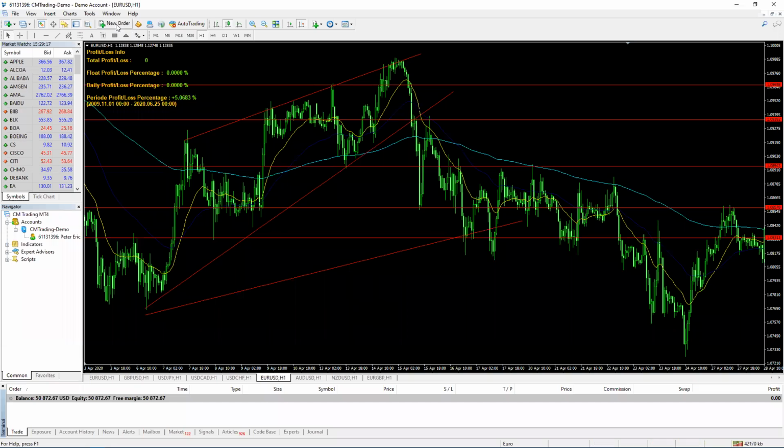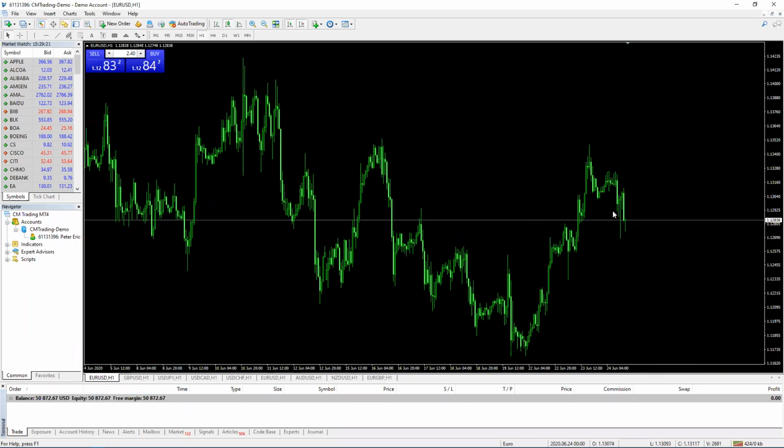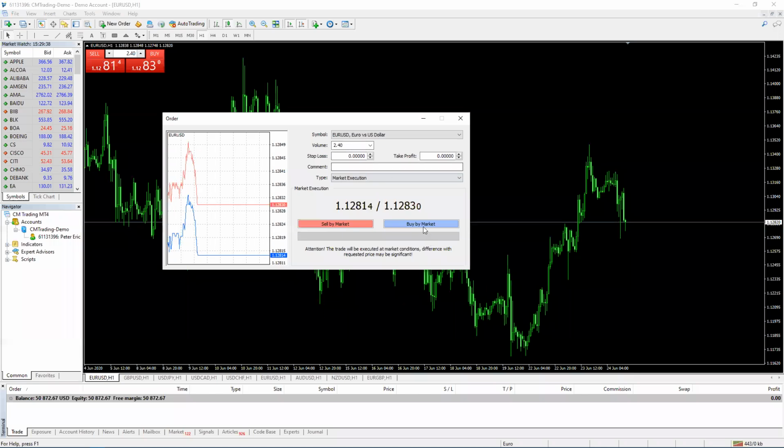Let's just take any trade. This is Euro USD. Any opinions on Euro USD? Buy. It's analyze. So this is just trying to get an open position. Okay. So we're going to buy.